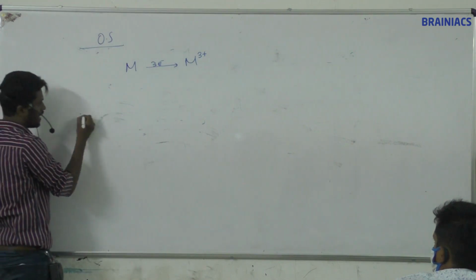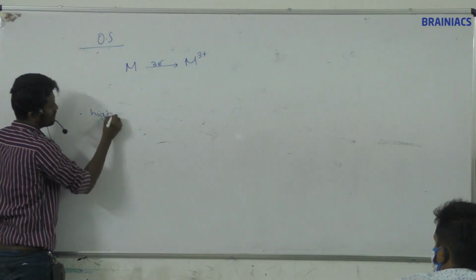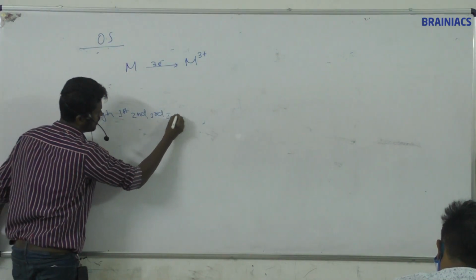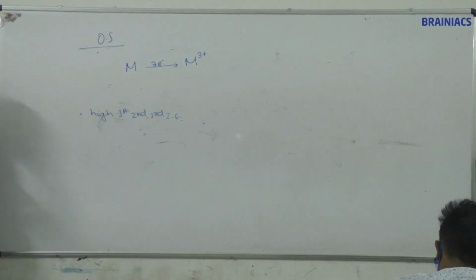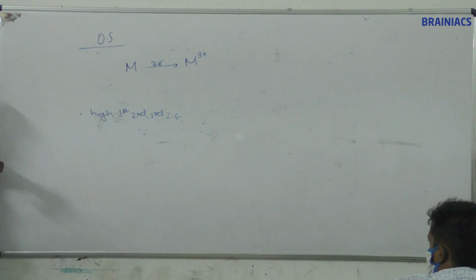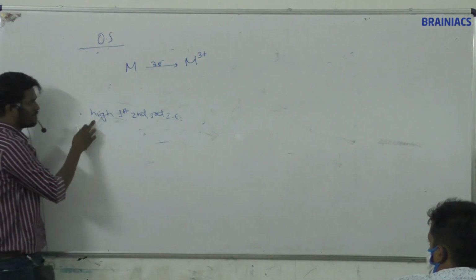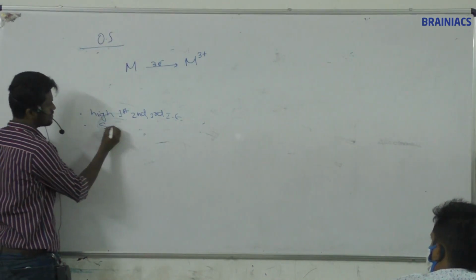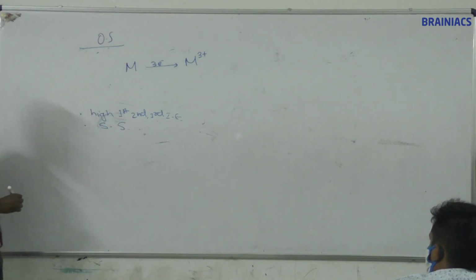So we know boron has high first, second and third ionization energy. Which has the higher ionization energy in the boron family? Down the group it decreases, so boron is the highest. It has high first, second and third ionization energy due to its smaller size.